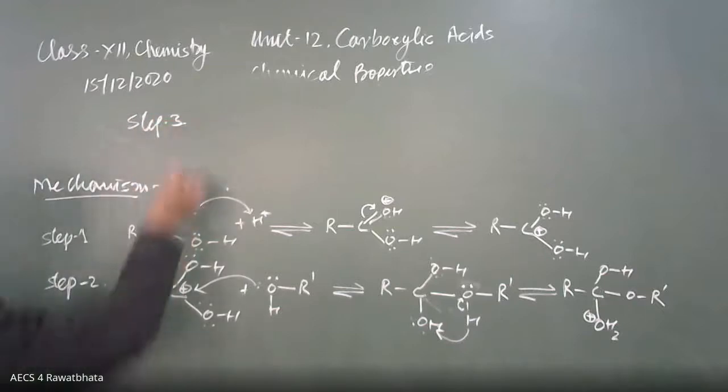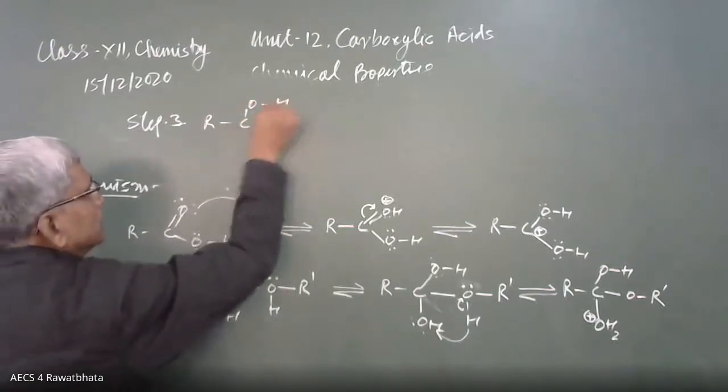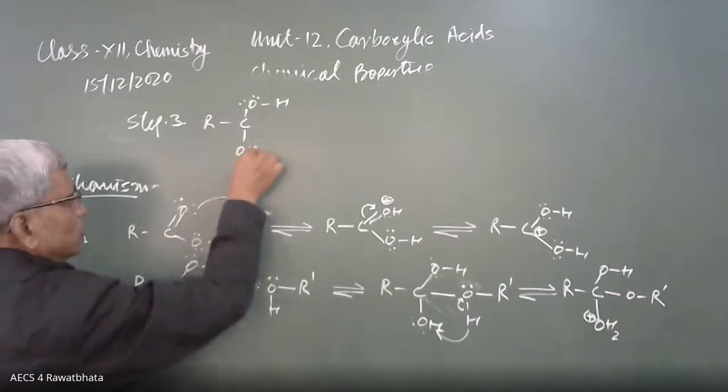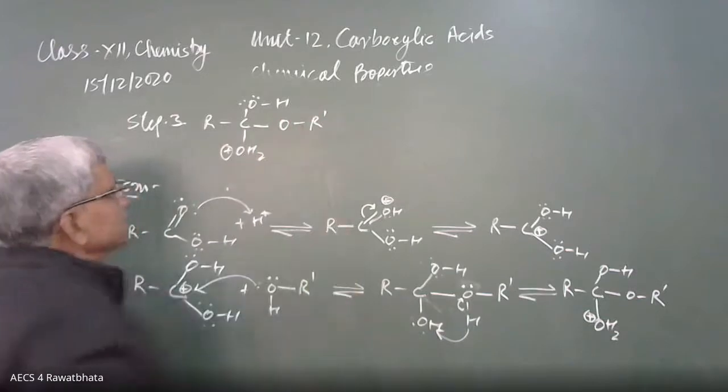In step 3, this R, C, here is OH with lone pairs, and here is OH2 with positive charge, and here is OR dash.